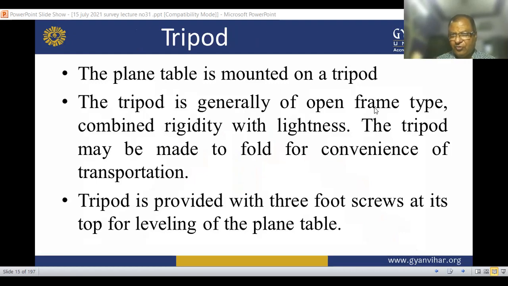The plane table is mounted on a tripod, and the tripod is generally of open frame type, combining rigidity with lightness, and the tripod may be made to fold for the convenience of transportation. The tripod is provided with three foot screws at the top for leveling of the plane table.